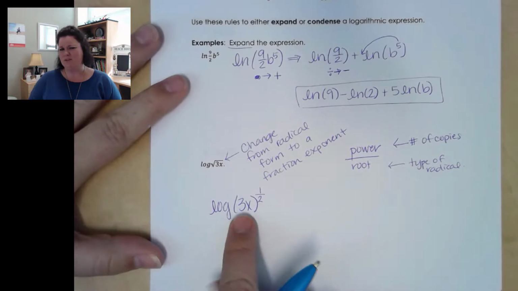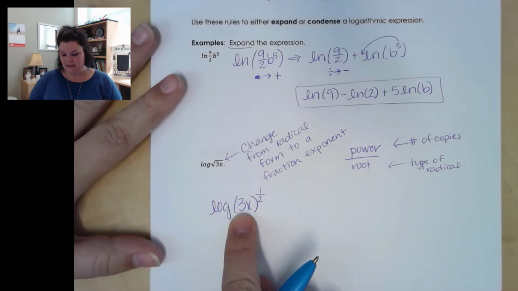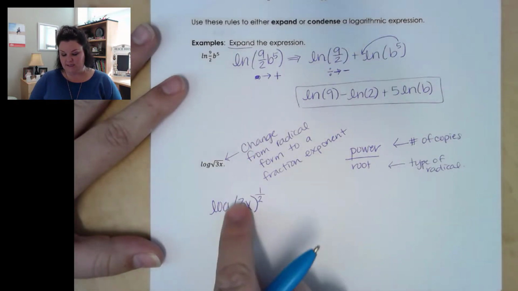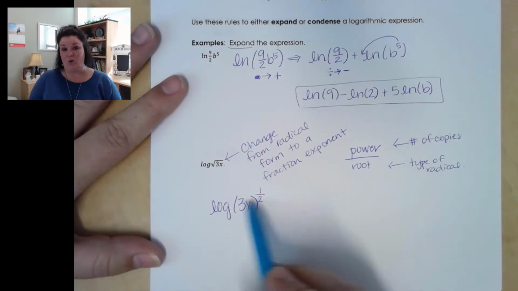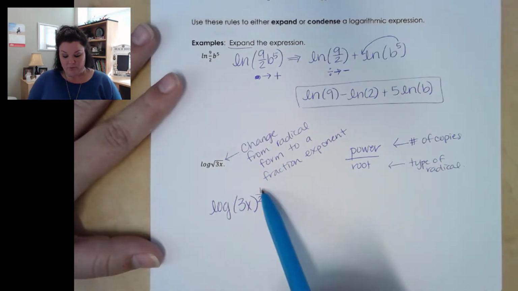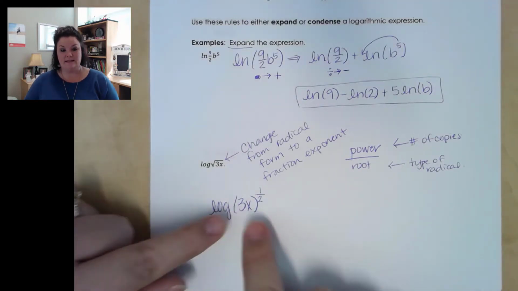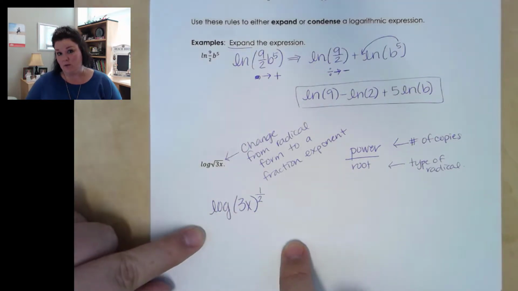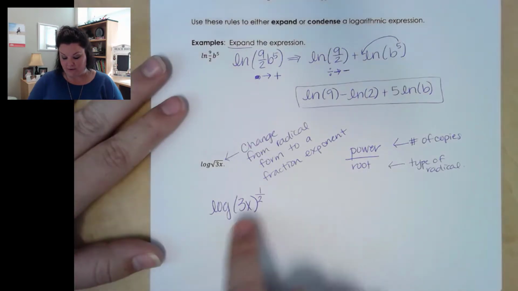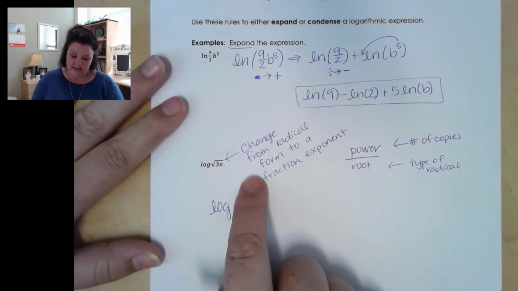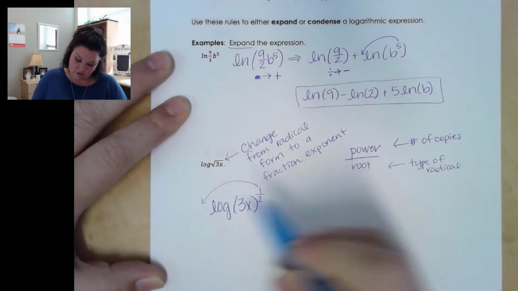Now I still can't do my multiplication yet because it's stuck inside this parentheses and the 1/2 is being applied to that whole thing. Now, if this 1/2 was, say, just on the 3, then I could go ahead and expand this into multiplication and then get rid of the 1/2. But since the 1/2 is around all of this, I need to go ahead and move that 1/2 down first.